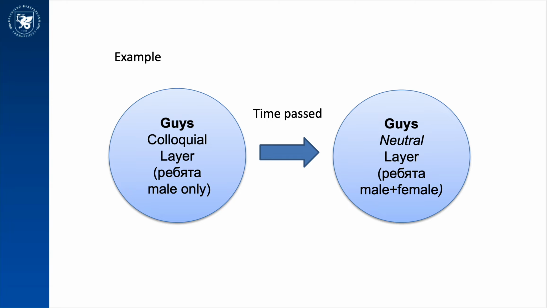Before, it was supposed to be used meaning only males, boys, or men. The gender was really important. It was impossible to call a girl or girls "guys". But as you see nowadays, we could easily use this word calling a group of girls and boys all together.